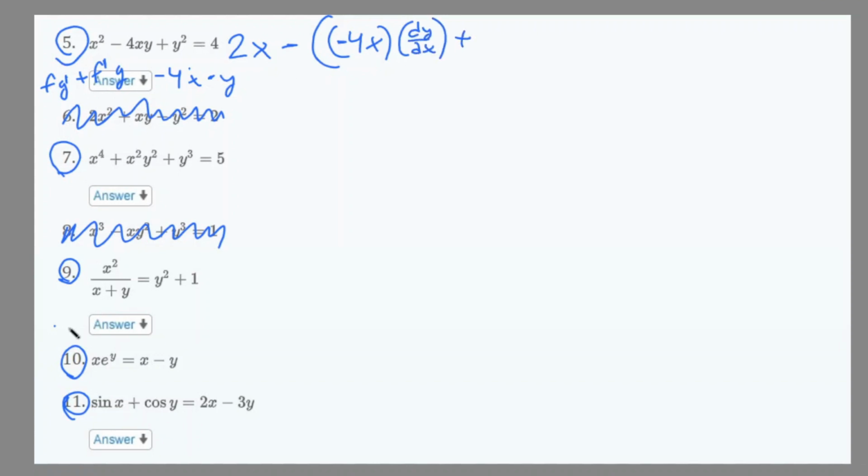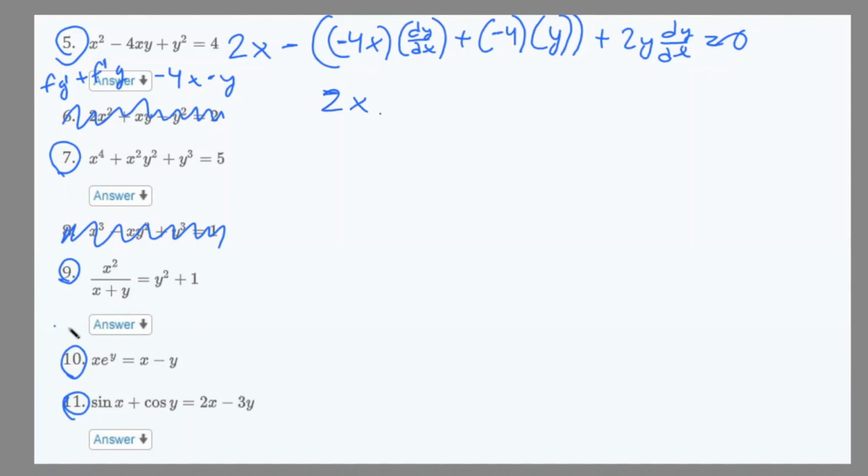And that's going to be added on to f prime, which is going to be negative 4 times y, which is just going to be y. And now let's close parentheses. Now we're going to do plus 2y dy dx equals 0 because 4 is a constant. And now we're going to make this look a little bit better by multiplying everything out.